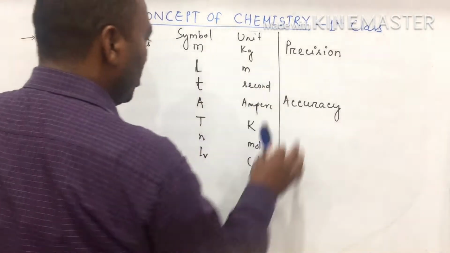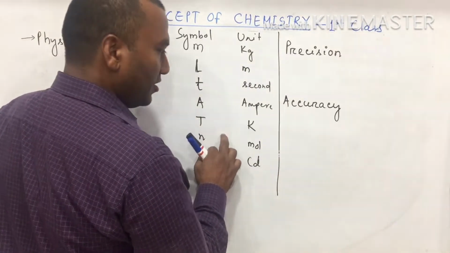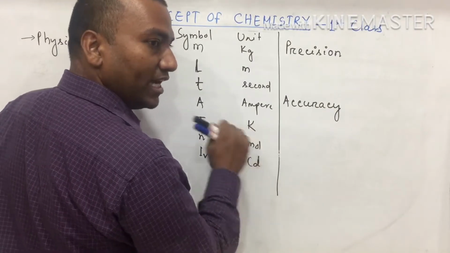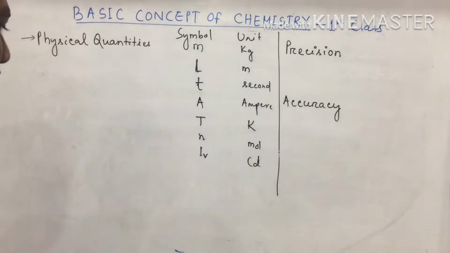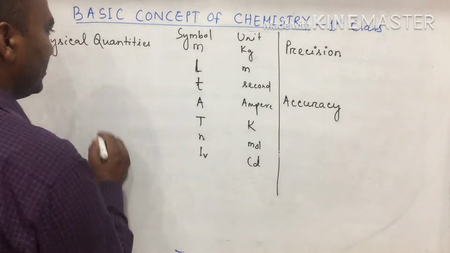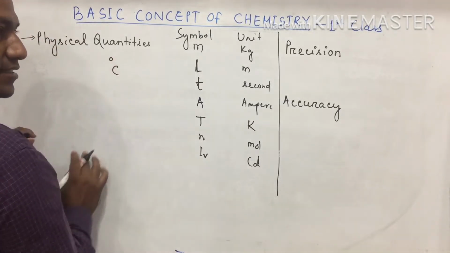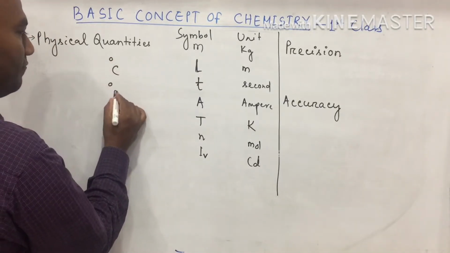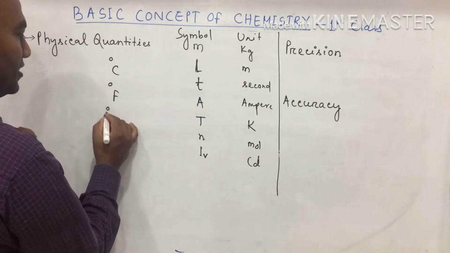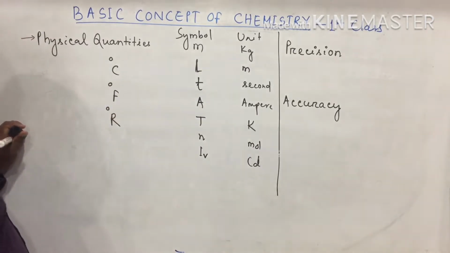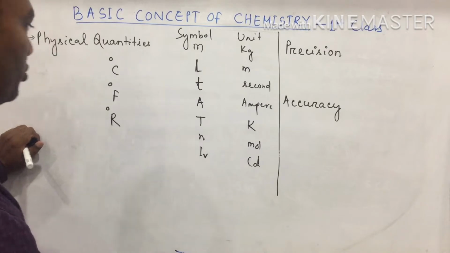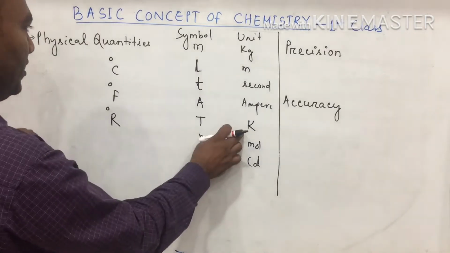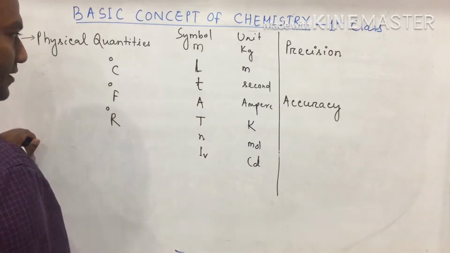Out of these, temperature we are writing as Kelvin, but you have read that temperature has various units like degree Celsius, degree Fahrenheit, and another one, degree Reaumur. Most scientists use Kelvin, Celsius and Fahrenheit.